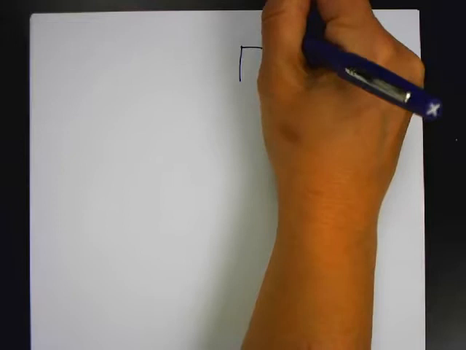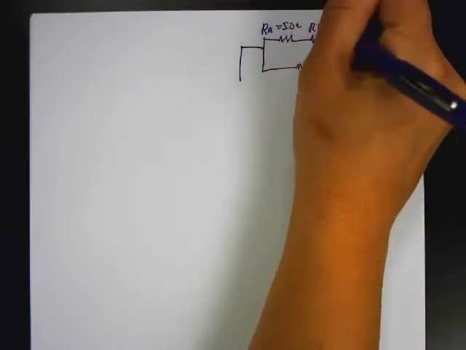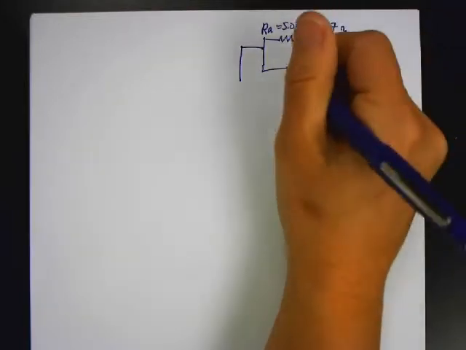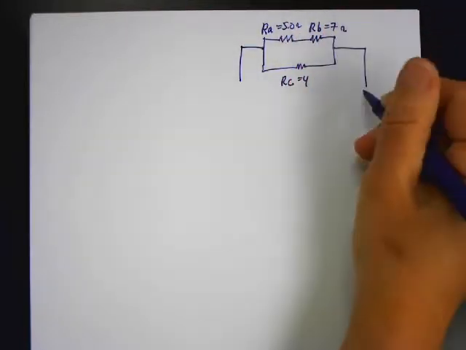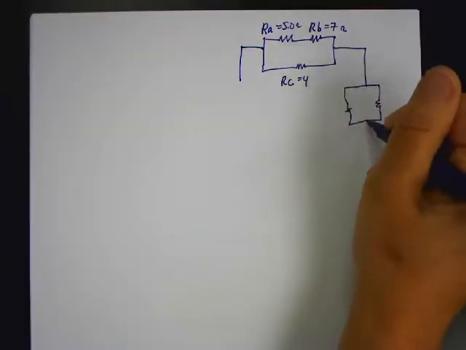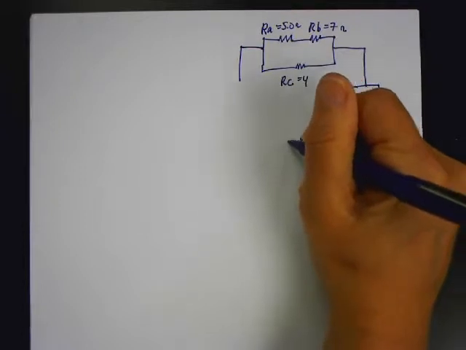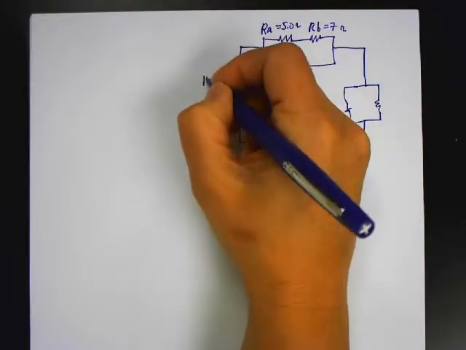So this is RA, and this is 5 ohms. This is RB, this is 7. This is RC, which is 4. This is 14 volts.